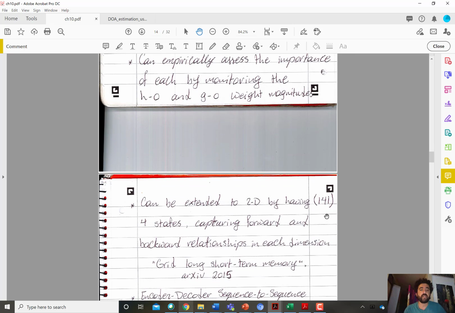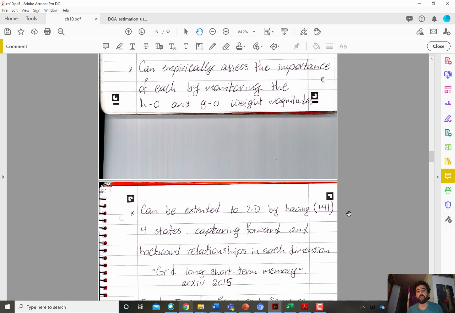Now, this doesn't have to happen only in one dimension; it can be extended to multiple dimensions. For a 2D example, you have four states: one going forward in time in the first dimension, second going backward in time in the first dimension, third going forward in time in the second dimension, fourth going backward in time in the second dimension.